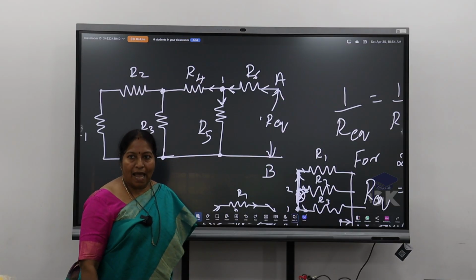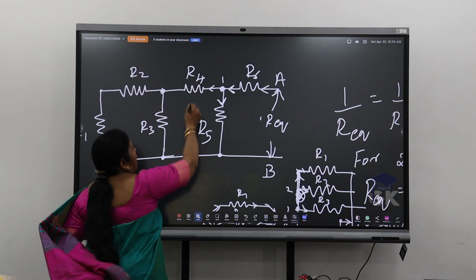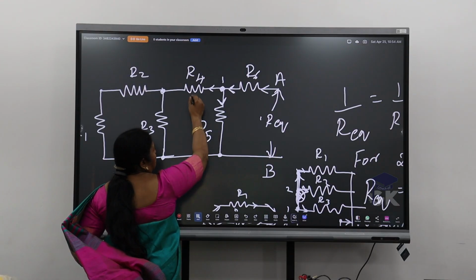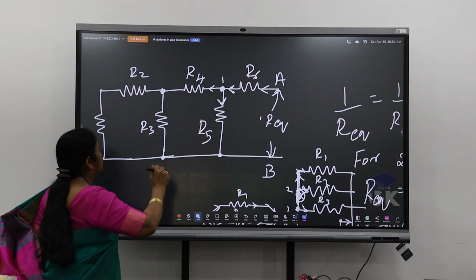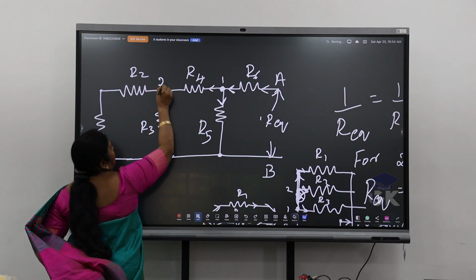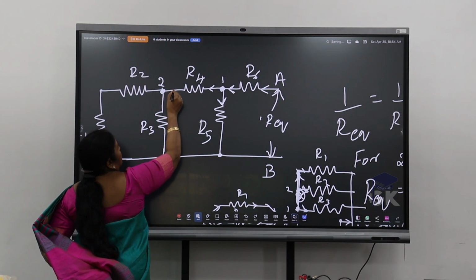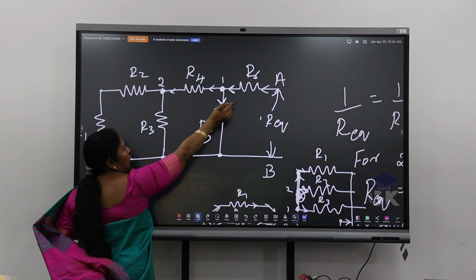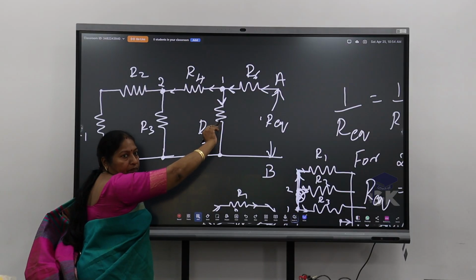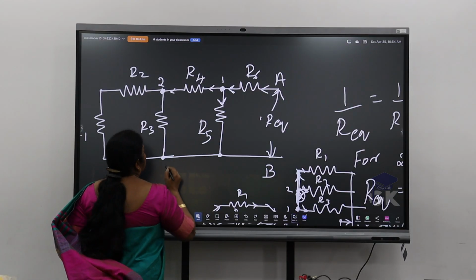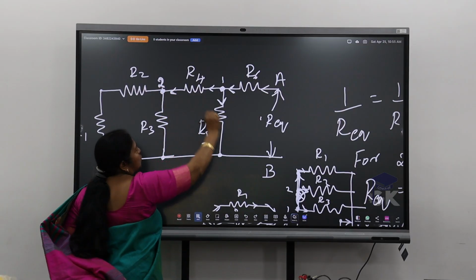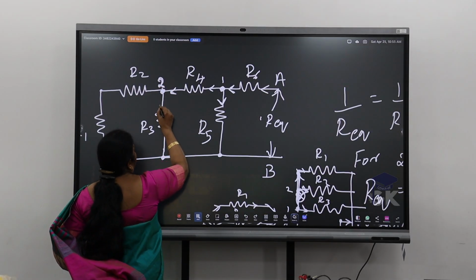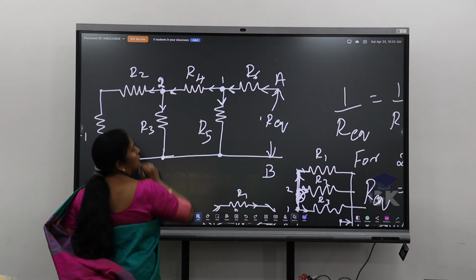So it says that R4 and R5 are parallel with each other. Next, at junction 2, I have to follow only from A to B. At junction 2, again it is getting divided into 2.